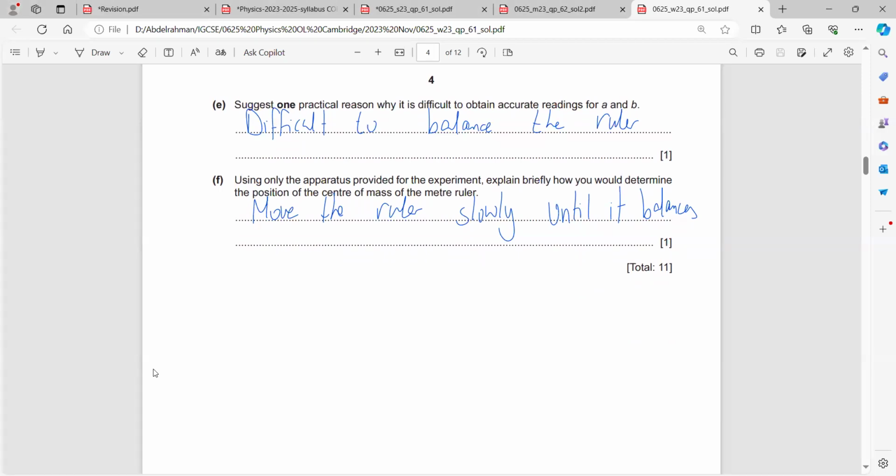So if the ruler tips to one side or the other, it could now be balanced. That's it. Yes, it's written down in F.